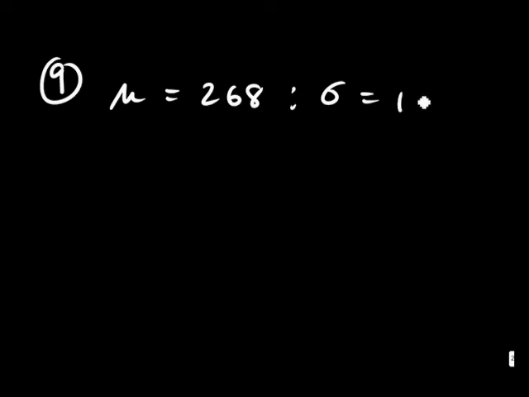Question 9. The mean is 268 with a standard deviation of 15. X is normally distributed and represents the number of days pregnant. They want to know what's the probability that X is at least 300.